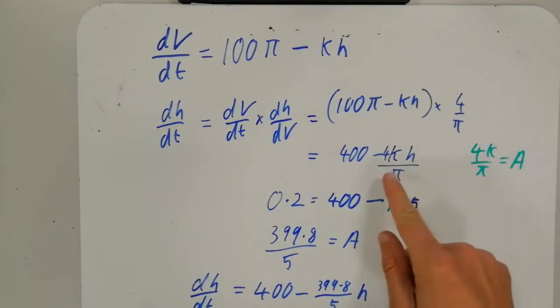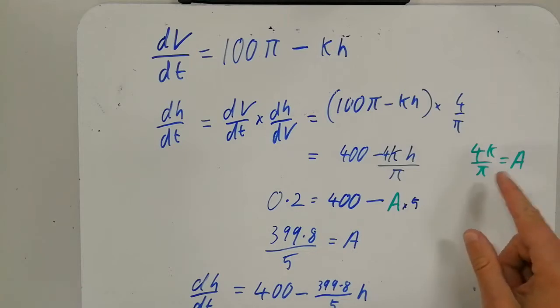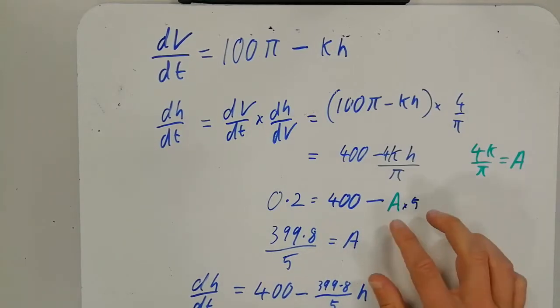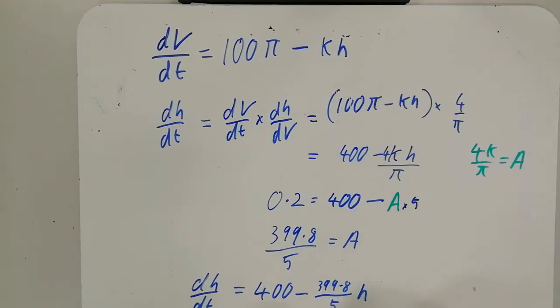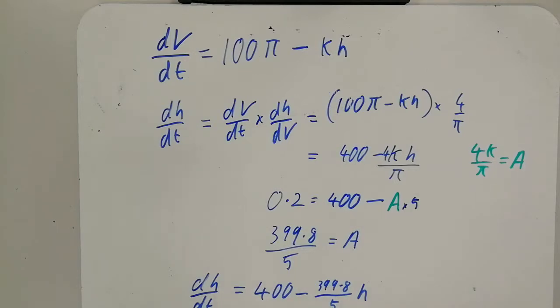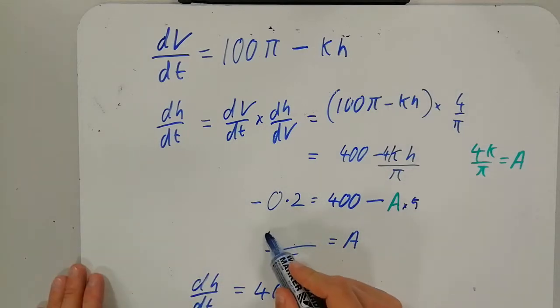Simplified it, realised that 4k over pi was just another constant, so rather than 4k over pi, just call it a. Plugged in my initial conditions, or the conditions that I was told about. When it had a height of 5, volume was decreasing at that rate. I've just realised I missed the decreasing bit there. If it's decreasing, it must be negative.